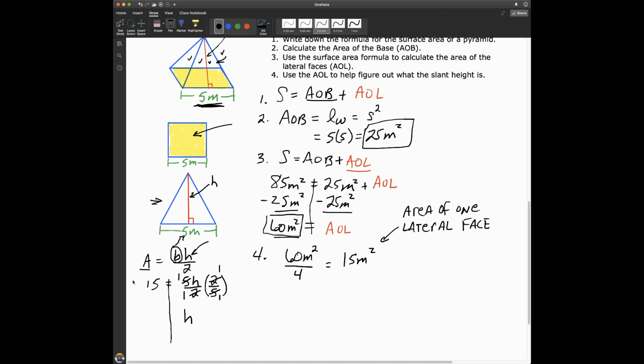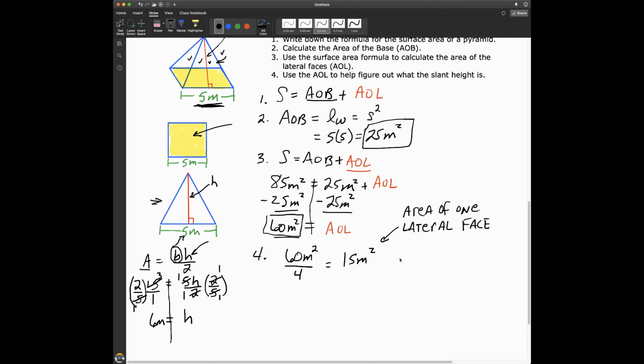But also over here, I need to multiply this side by 2 over 5, because whatever I do to one side of an equation, I have to do to the other. Is there canceling I can do over here? Yes, I can cancel the 5 and the 15, and I'm just left with 2 times 3, which is 6, and it would be 6 meters.